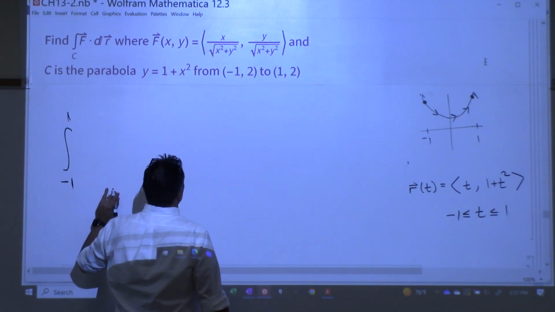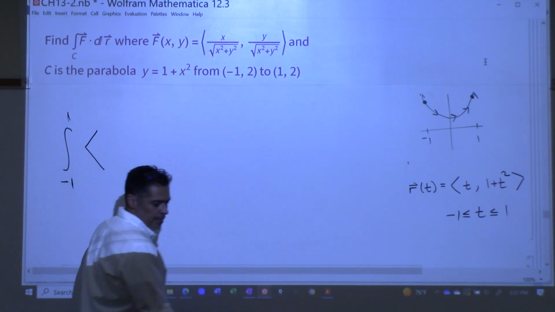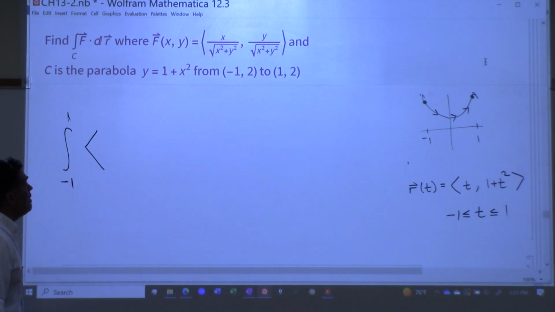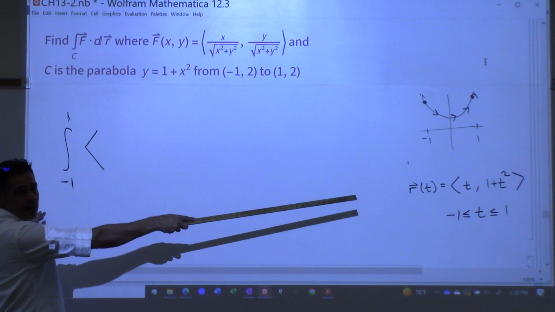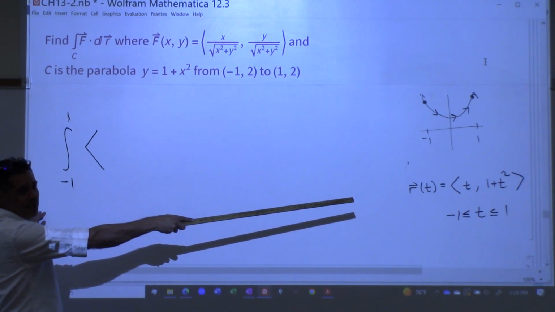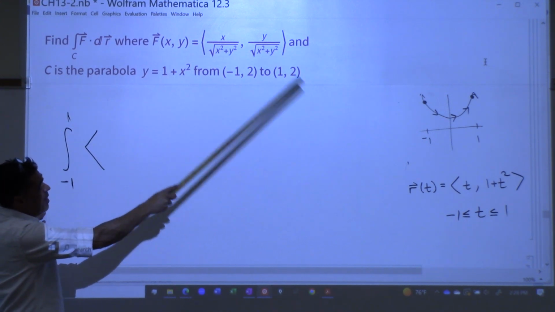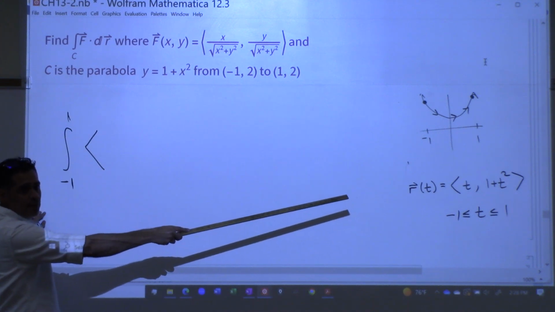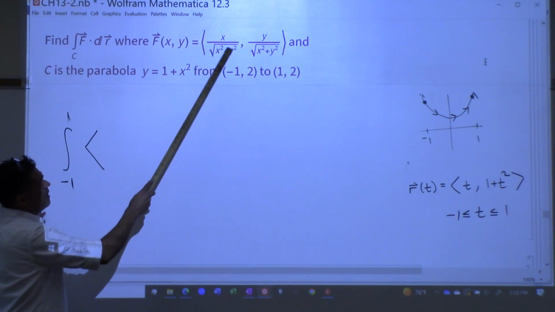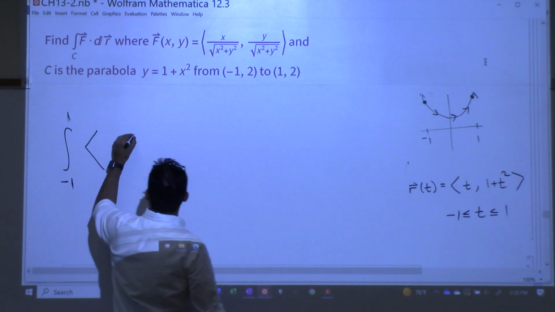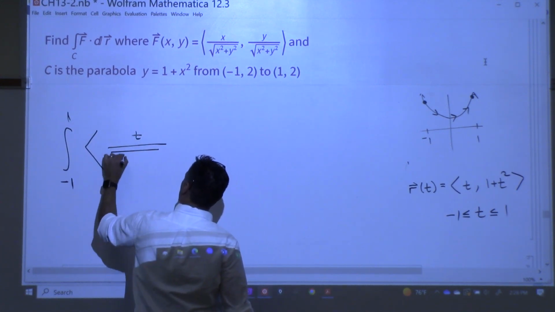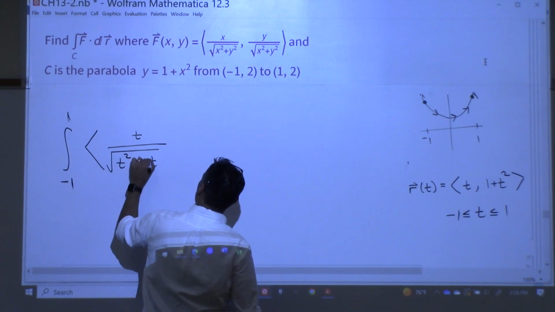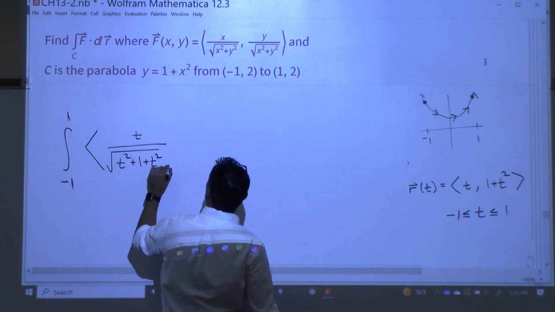The field is a vector, but it's not this vector field with x and y in it. It's with that stuff in it. So x gets replaced with t, and y gets replaced with 1 plus t squared. So the first component is t over the square root of t squared plus (1 plus t squared) squared.